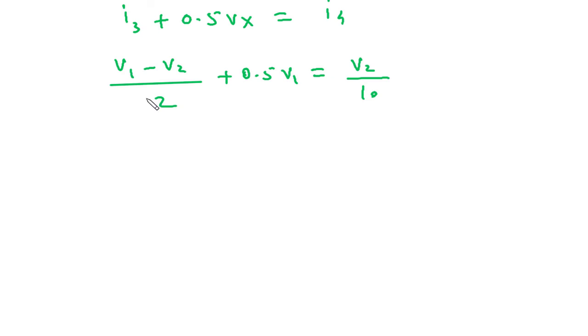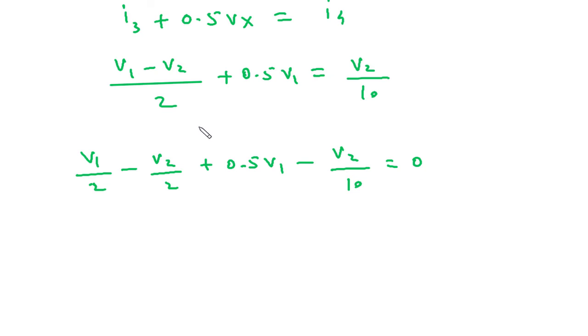Now this will be V1 by 2 minus V2 by 2 plus 0.5 V1 minus V2 by 10 is equal to 0.